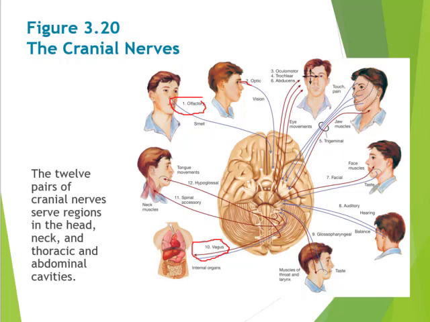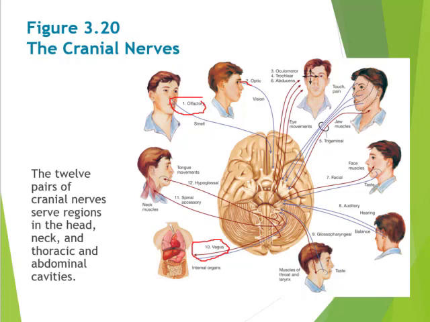The trigeminal nerve is a sensory nerve that takes in muscle information from the jaw muscles. And it also has motor fibers that control touch and pain sensation.